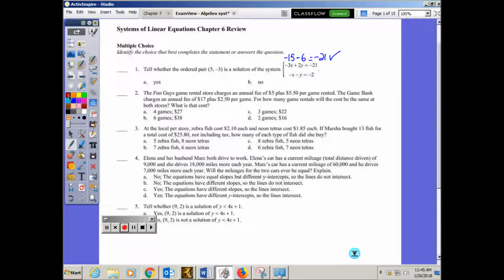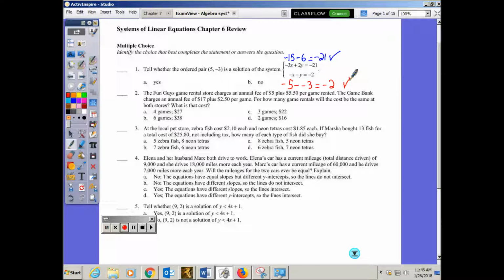So it checks in that equation. In the other equation, negative x means I take the x that I'm given and I put a negative in front of it. Minus the value that I'm given for y is negative 3. Subtracting a negative is the same as adding a positive. Negative 5 plus 3 is negative 2.